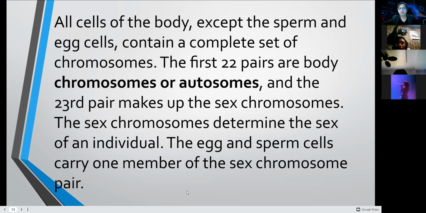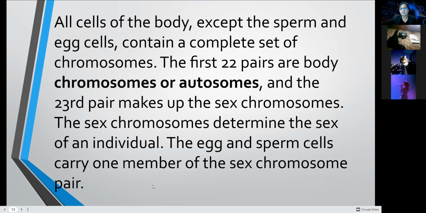Take note. The sperm contains a male chromosome, and the egg contains a female chromosome. Again, the male is XY to be specific, and the female is XX.